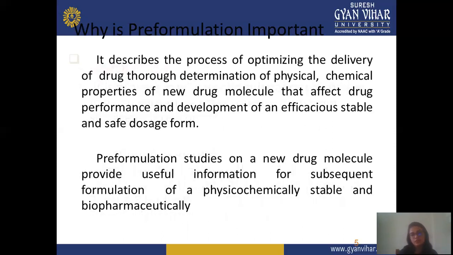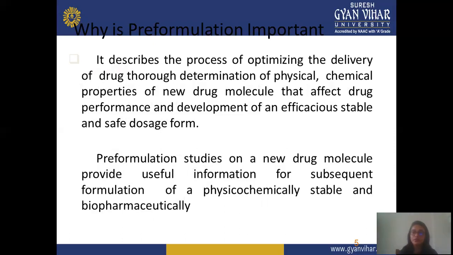Why pre-formulation is important, and the importance of pre-formulation. In pre-formulation, we describe the process of optimizing the delivery of a drug through determination of physical and chemical properties of the new drug molecule that affect the drug performance and development of a stable and safe dosage form. It means that with the help of pre-formulation, you can formulate or manufacture a drug with suitable physical and chemical properties.